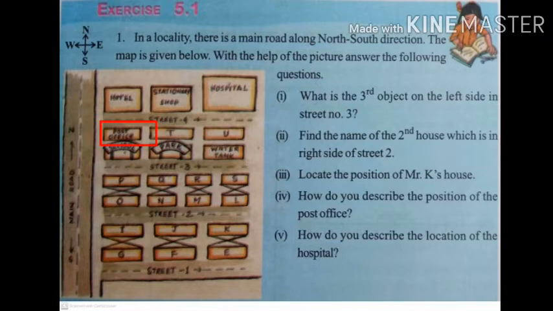Answer: in street 4, the first building on the right side while going in the east direction. Fifth question: how do you describe the location of the hospital? Answer: in street 4, the last building on the left side while going in the east direction. These are the answers to the first question.